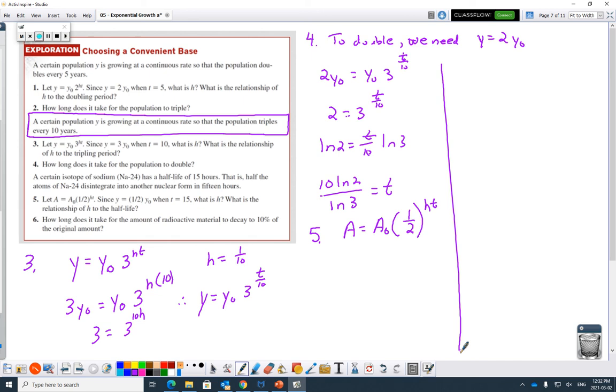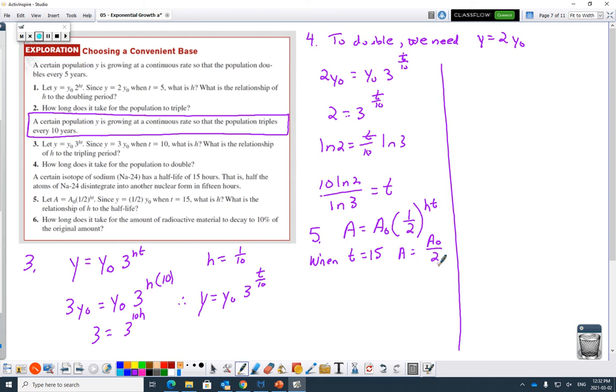So what are we going to sub in here then? When t equals 15, A equals half of A naught. A for amount this time instead of Y for population.